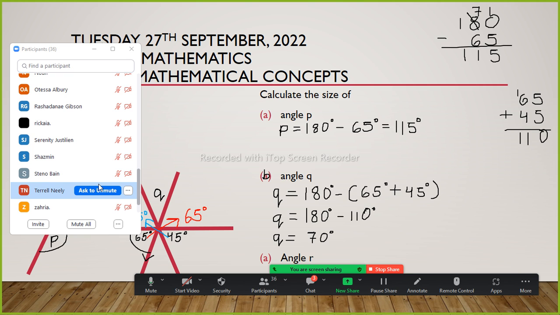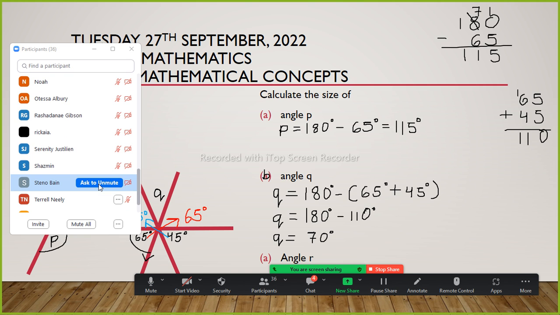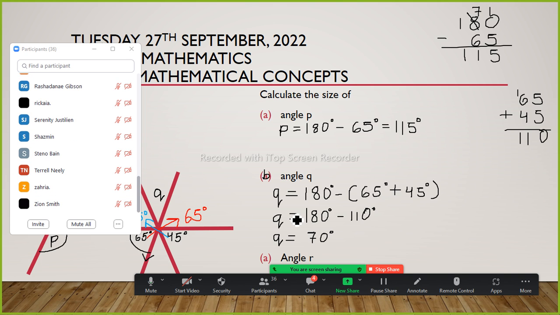How about you, Serenity? Serenity, are you there? I'm not hearing from Serenity. Terrell Neely, are you there? Yes, sir. Okay. You understand how we got Q? No, sir. No? Okay. Which part you don't understand? The last part.